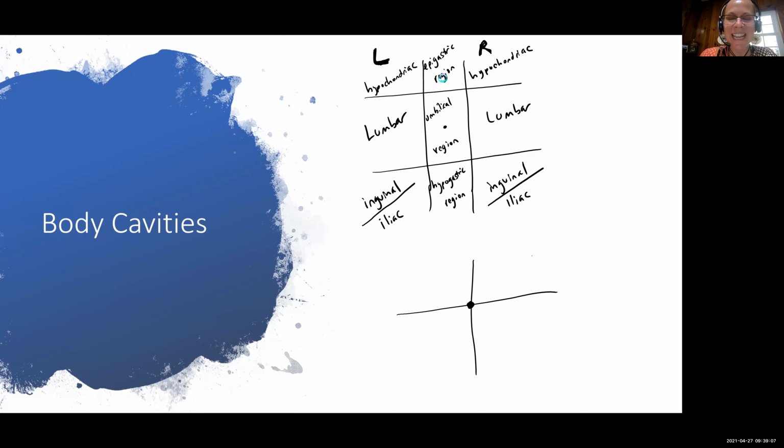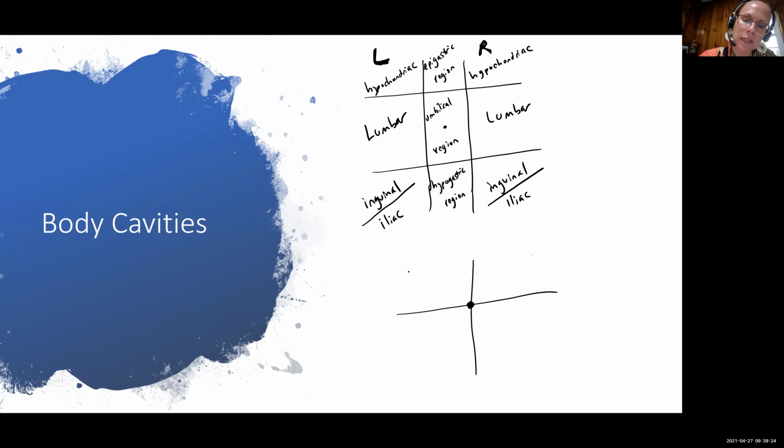Sorry about that. If you are a clinician and you're recording a patient's complaint about pain in such and such region, you can just think of dividing that abdominopelvic region into 4 sections, using that belly button as the center. And so this is really nice.